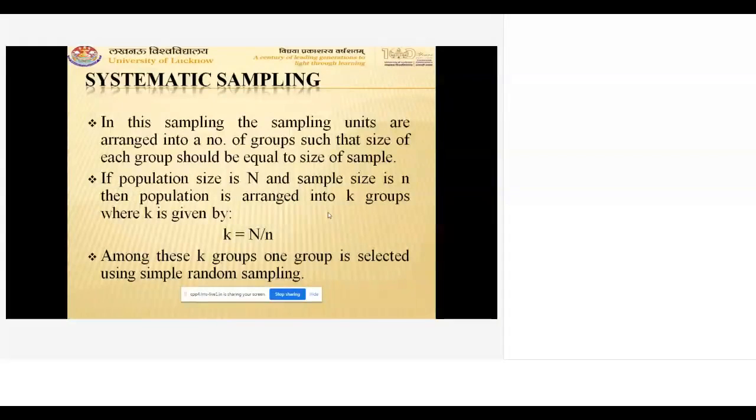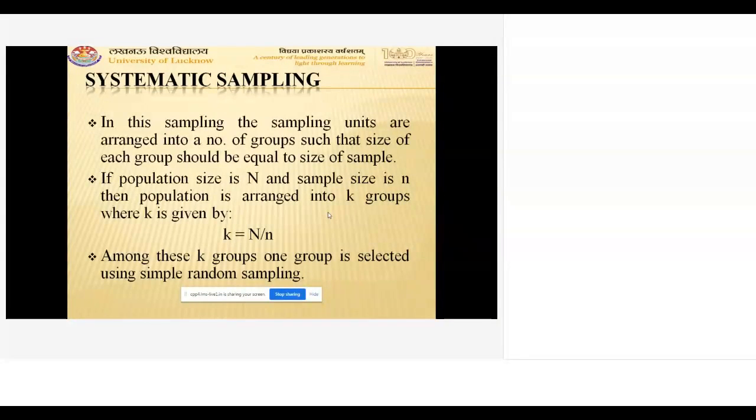In this method, if population size is a multiple of sample size, then we arrange into K groups, and one group is selected at random as the sample. But if that is not possible, that is, population size is not a multiple of sample size, in that situation we select a number between 1 and small n. Then every kth individual in the population is considered, and this is repeated till the sample size is fulfilled.